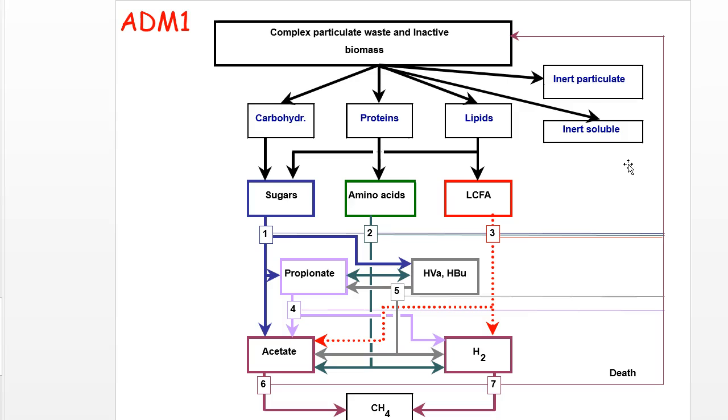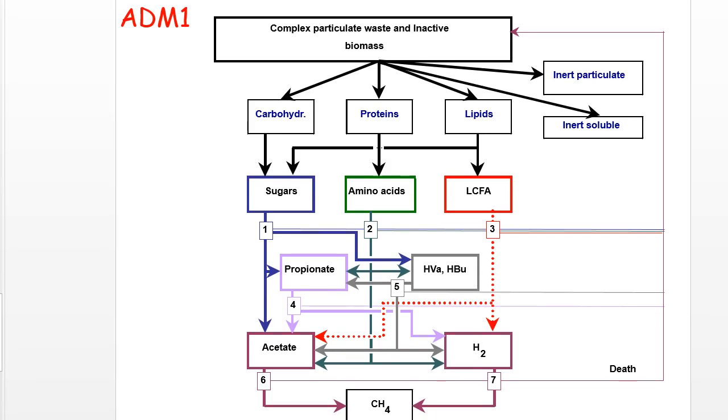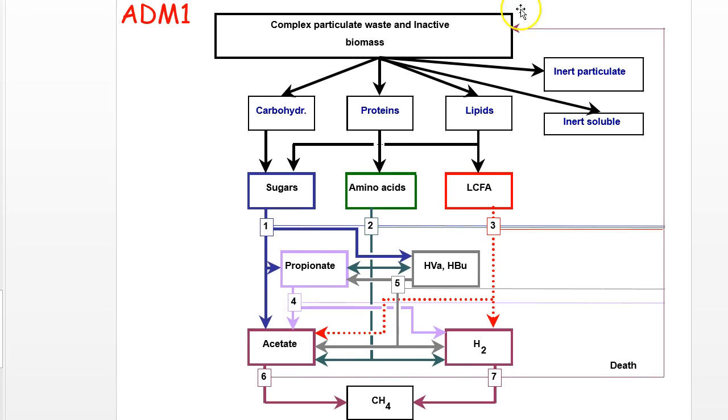Okay, then we go to the next main model, which is the Anaerobic Digestion Model number 1, where we have organics such as activated sludge that is taken off from a wastewater treatment plant, going through various reactions and in the end producing methane, and thereby getting rid of excess sludge and turning it into a useful product.